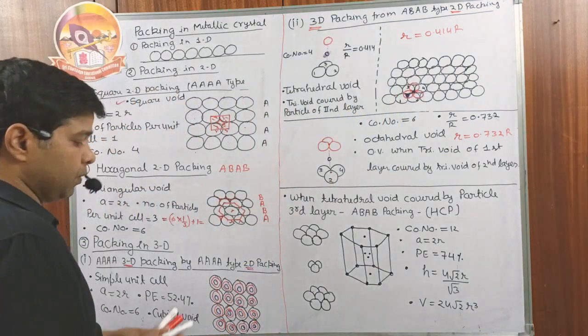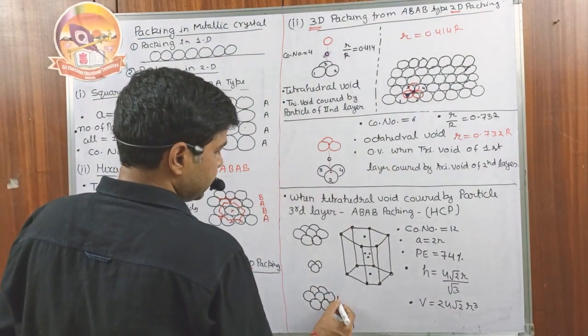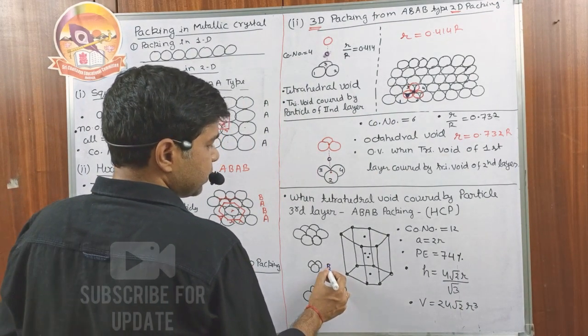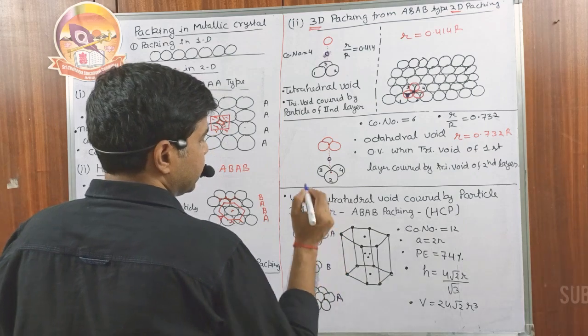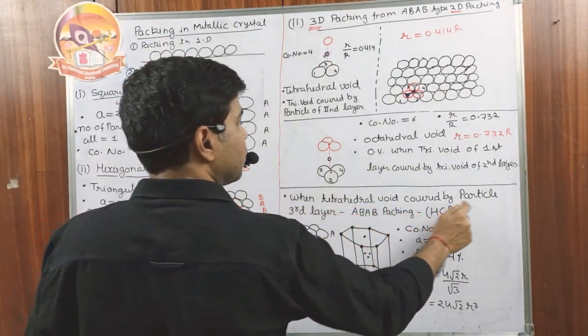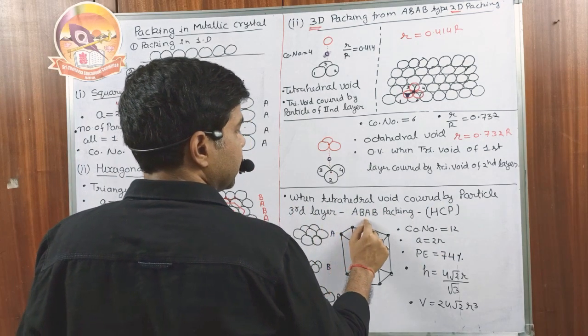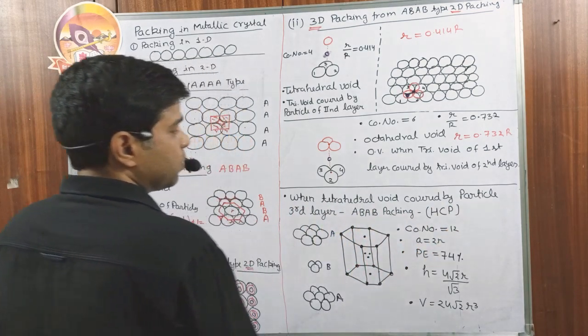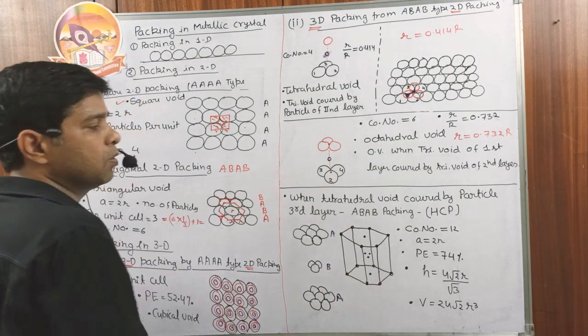So look, if this layer is A, the second layer is different, it is B, then the third layer is again A. So whenever the tetrahedral void is covered by the particle of the third layer, that gives the AB packing, that is the HCP.